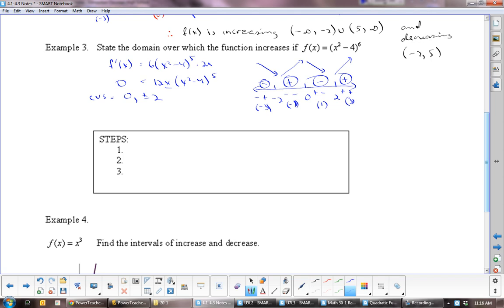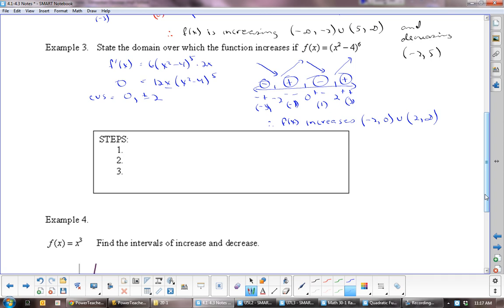So it asked, when is this graph increasing? Therefore, f of x is increasing, or increases from negative 2, comma 0, union 2, comma infinity. Okay, so we've done a couple, done 3.